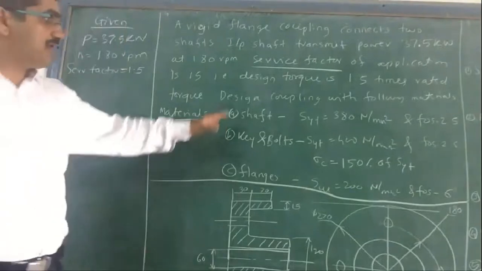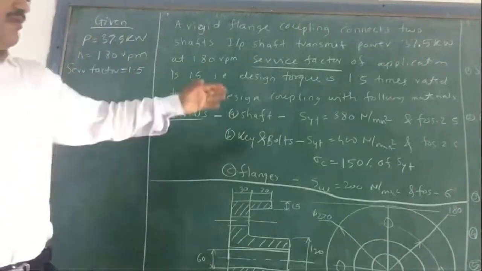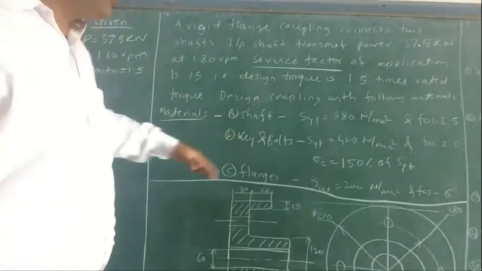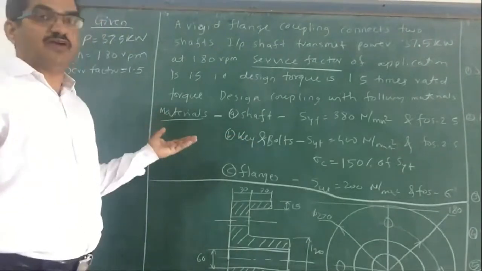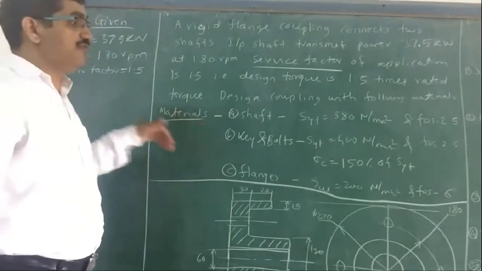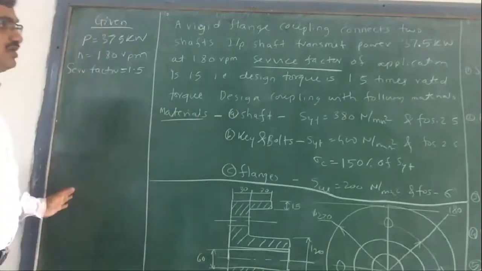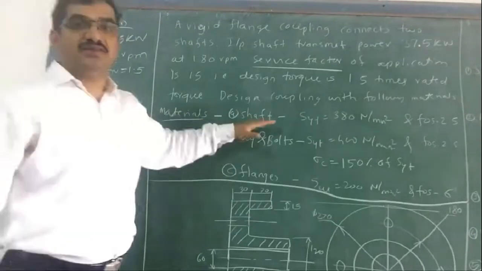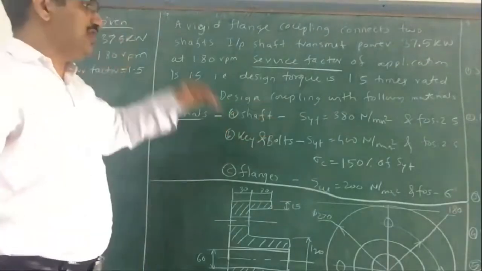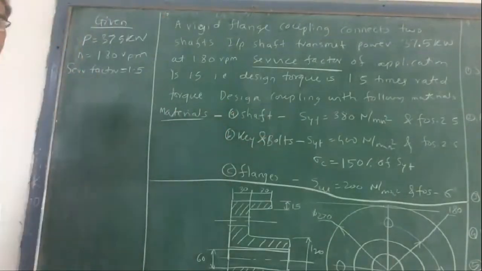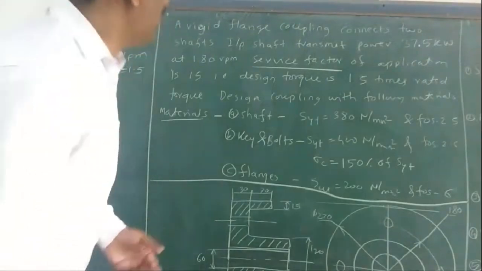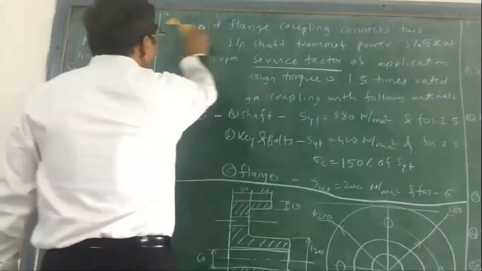For the different materials, they have given different properties, and we have to use those with different factors of safety for different designs, right? So instead of writing all these given properties, we will calculate the allowable shear stress and sigma c for these, and then we will put those in the given, right? That way we will save some effort. Okay, so let's try to solve this problem.